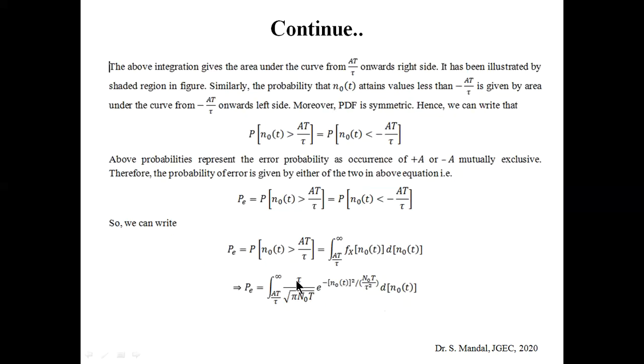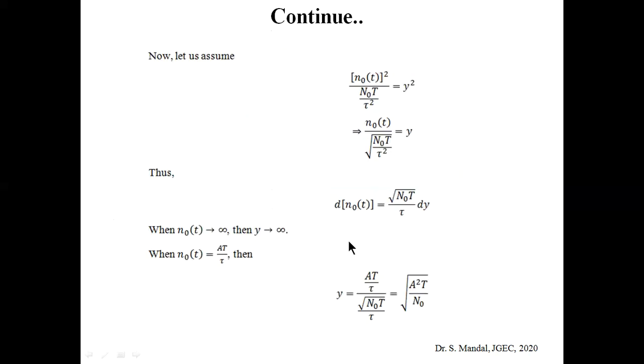Like this: tau over root of pi N_0 T, e to the power minus n_0(t) whole square by N_0 T by tau square. Now let us assume that n_0(t) whole square by N_0 T by tau square equals y square. So obviously you can write y equals n_0(t) by root over N_0 T by tau square.